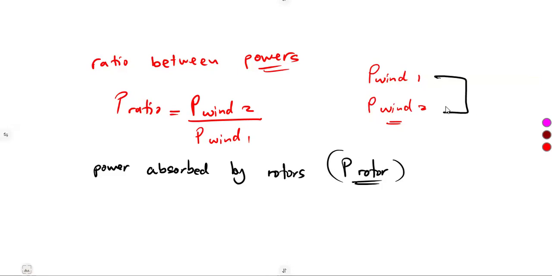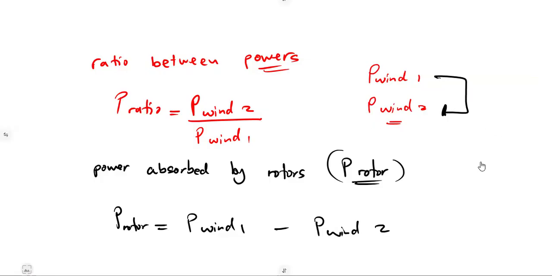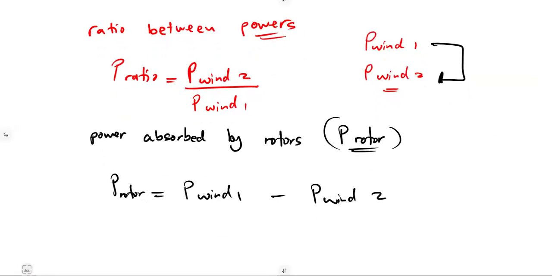When having these two, the rotor power can be calculated as the difference, which is P wind 1 minus P wind 2. That is the rotor power. Sometimes they can ask you to calculate the efficiency of the rotor from that rotor power.